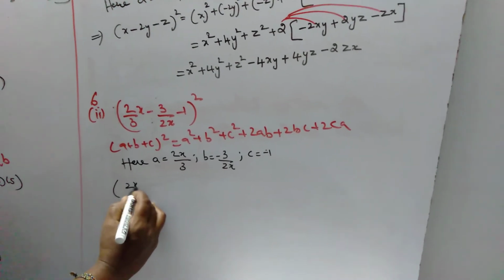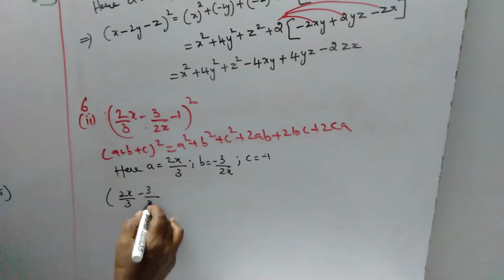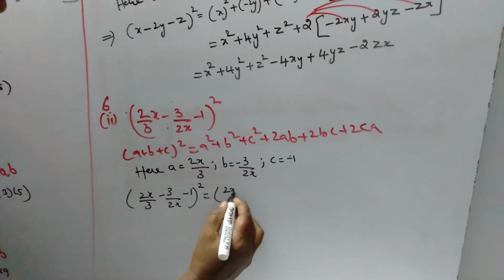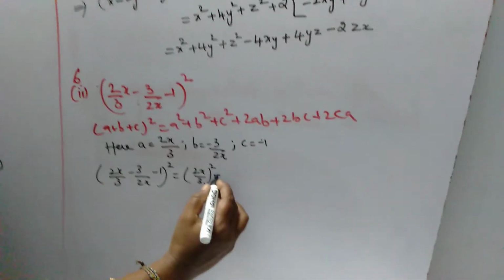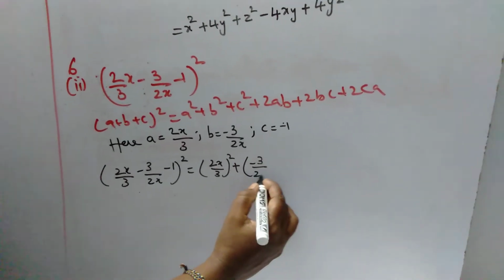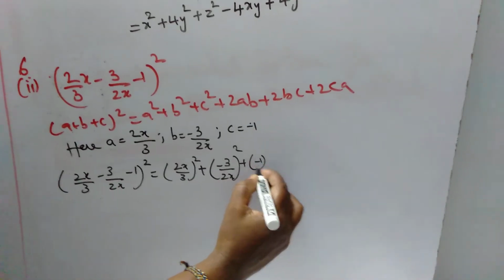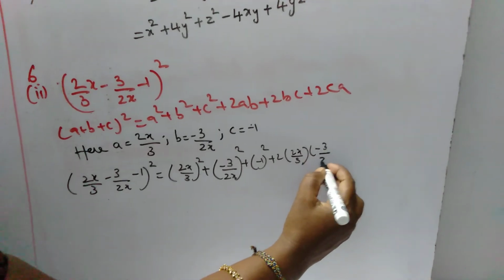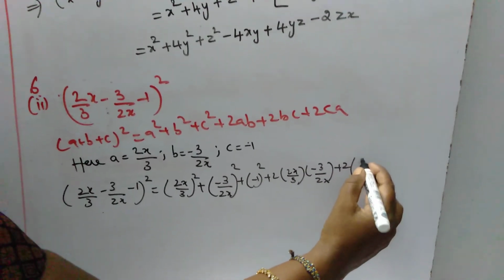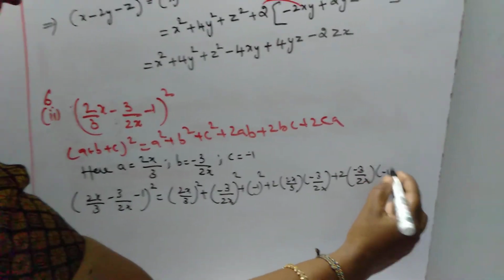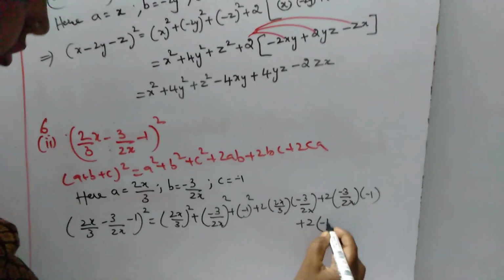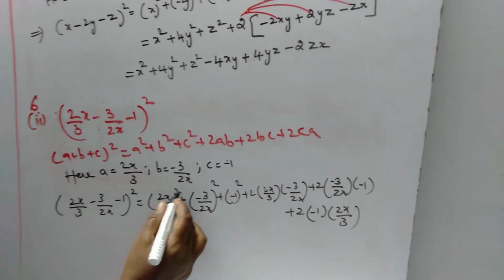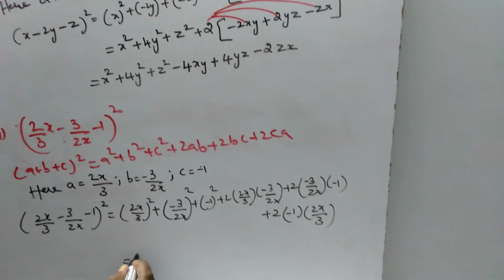So 2x by 3 minus 3 by 2x minus 1 the whole square equal to a square plus b square plus c square plus 2 into a into b plus 2bc plus 2ca. Okay. Here what we can do, multiply this one, that is 2 square x square, which is what?